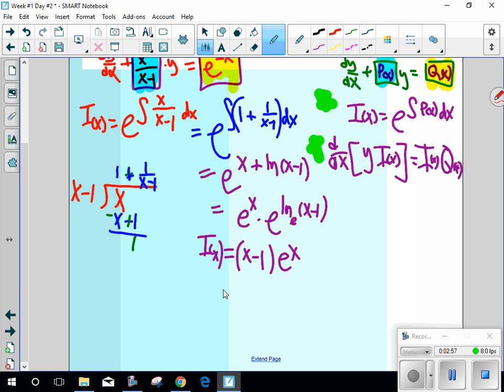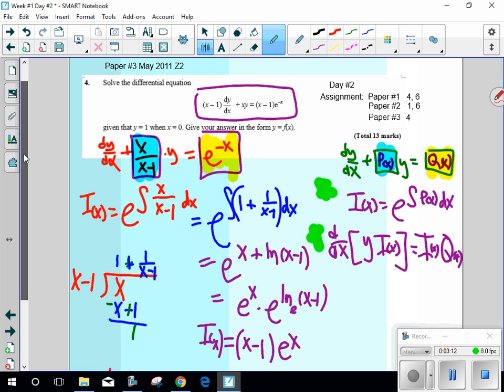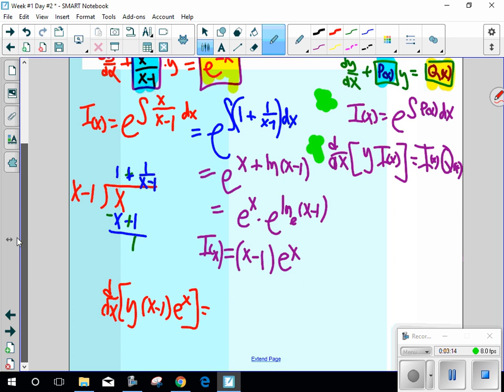Because now we have the derivative of y times x minus 1 e to the x is equal to x minus 1 times e to the x.